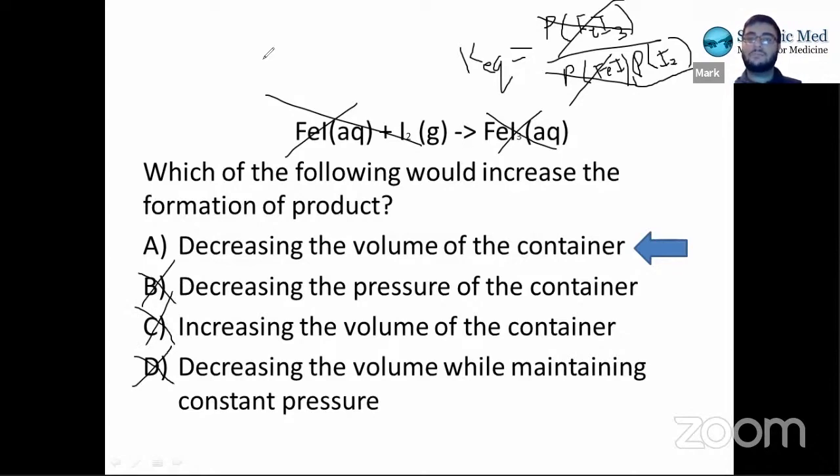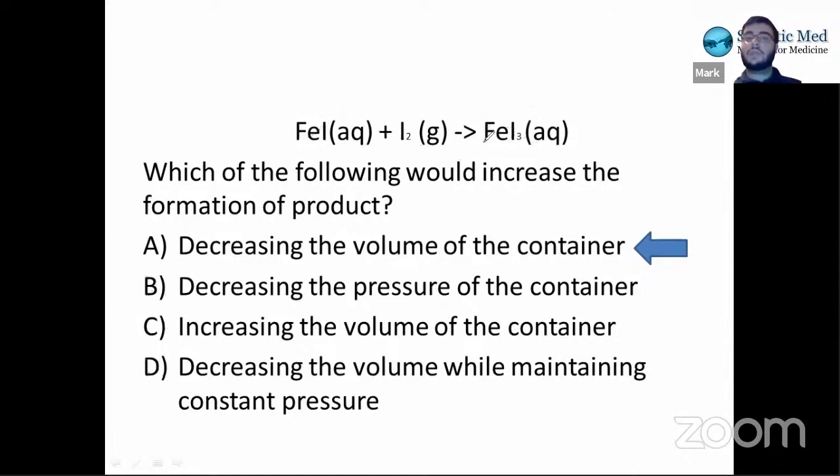Just to reiterate, the reason that increasing the pressure won't have any effect on FeI3 or FeI is that partial pressure is only really for gases. Technically, liquids, solids, and aqueous solutions do have a partial pressure, but it's like comparing 1 to a billion.